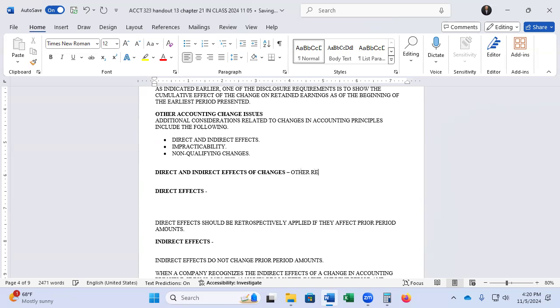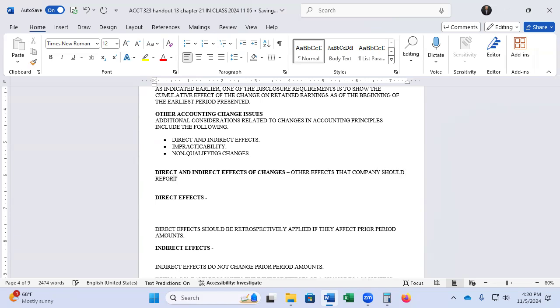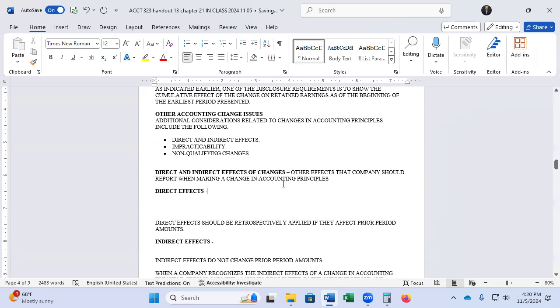These are other effects that a company should report when making a change in accounting principles. The first one is the direct effects.